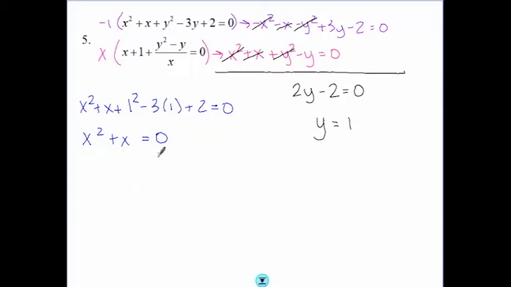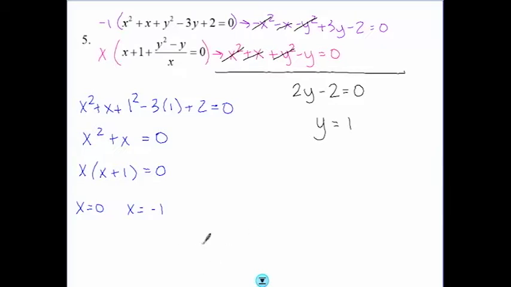So to solve this quadratic, since there are only two terms, I'm just going to factor out the GCF, which is x. And so I'm left with x times x plus 1 equals 0. So then if I set each factor equal to 0 and solve, I have x equals 0 and x equals negative 1.